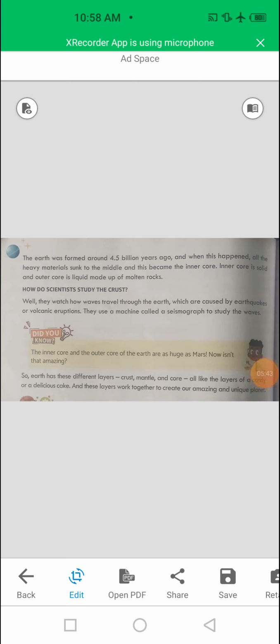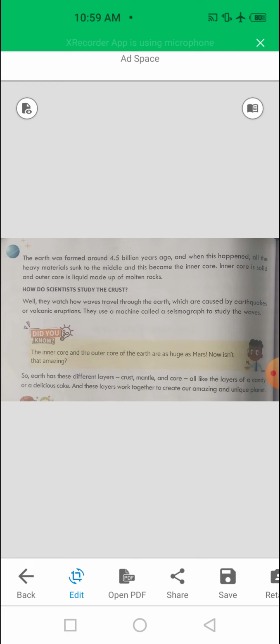The earth was formed around 4.5 billion years ago, and when this happened, all the heavy material sunk to the middle, and this became the inner core. Inner core is solid and outer core is liquid made up of molten rocks.